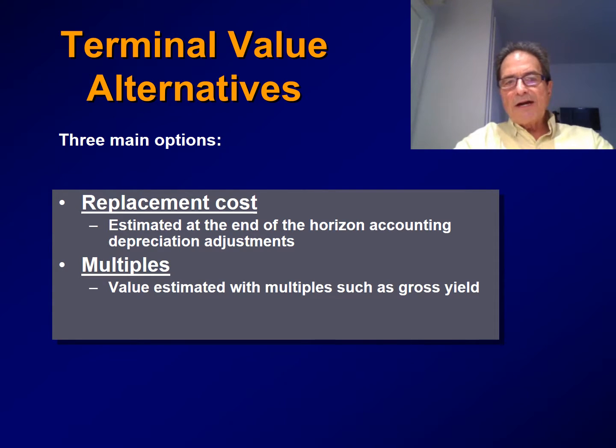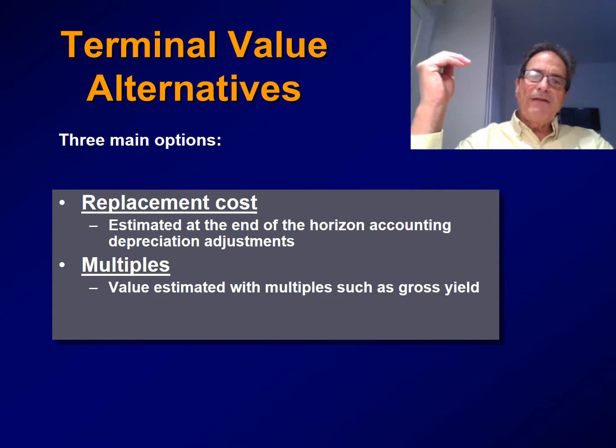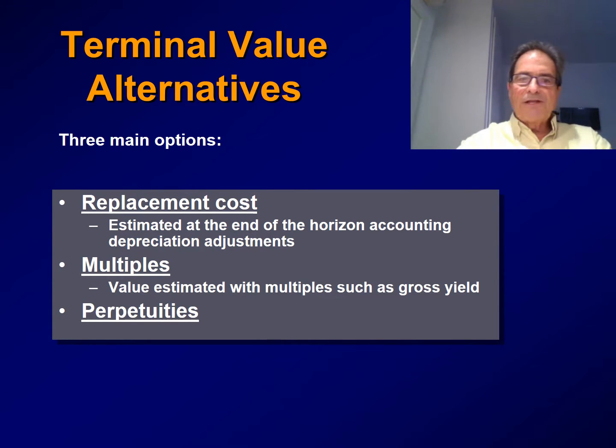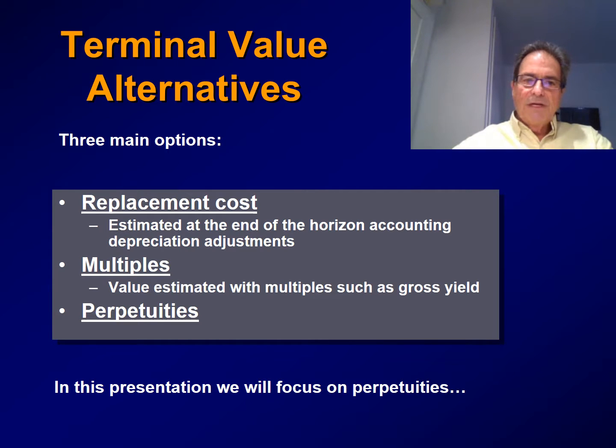The second alternative is multiples. We just value the property at the end of the horizon using a multiple such as the gross yield. And the third one is the perpetuity. In this presentation, we will focus on perpetuities, which, by the way, tend to be the most usual, the most popular at the time of doing evaluation.